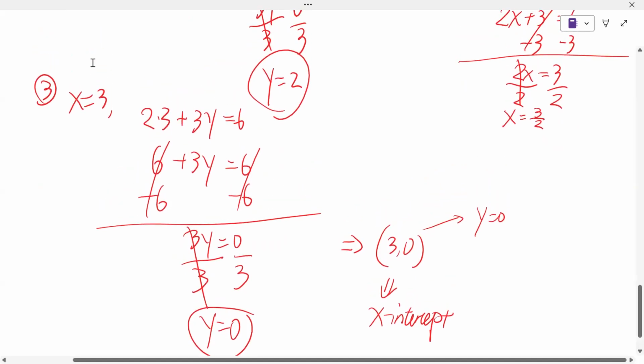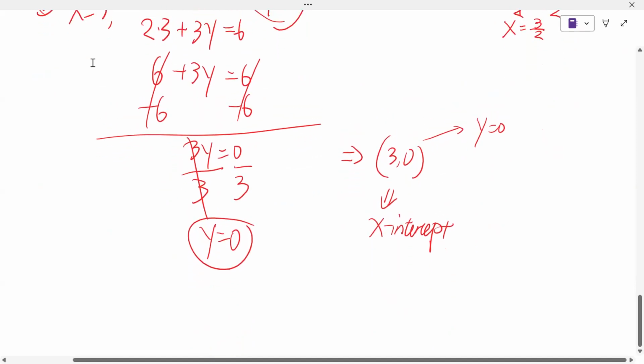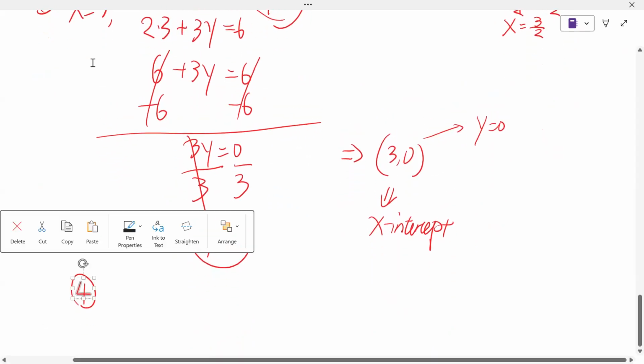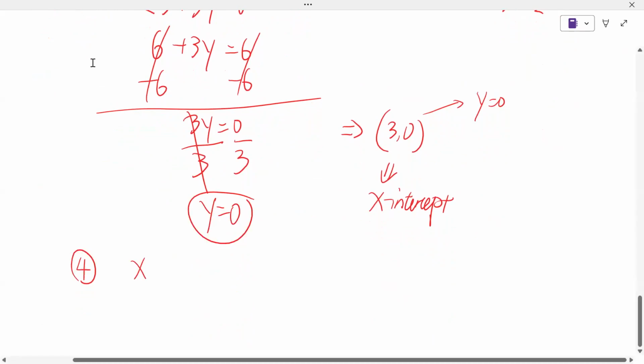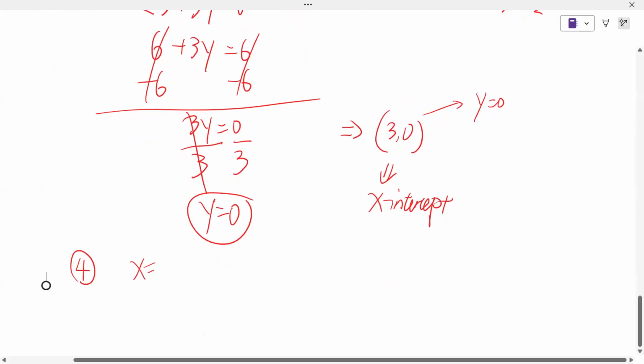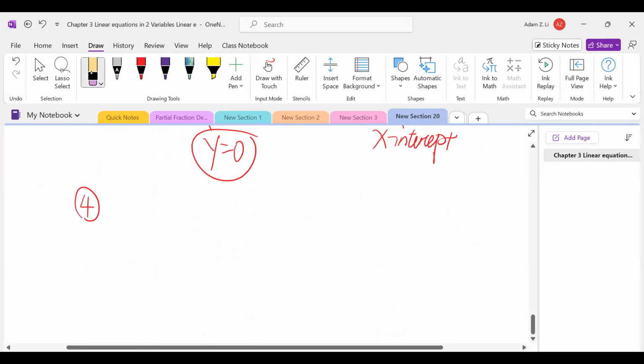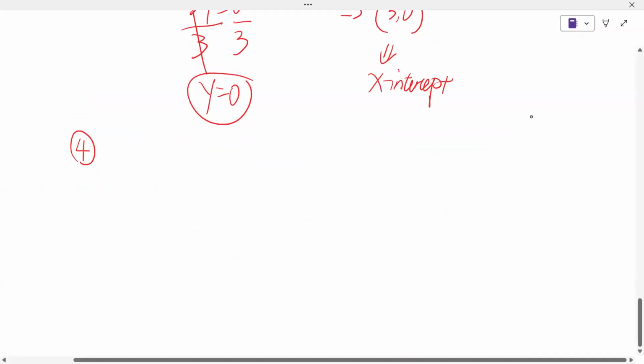And also, let's say we want to get another point, if y equal to 2. So y equal to 2. If y equal to 2, we get 2x plus 3y equals 6. I'll replace y with 2.